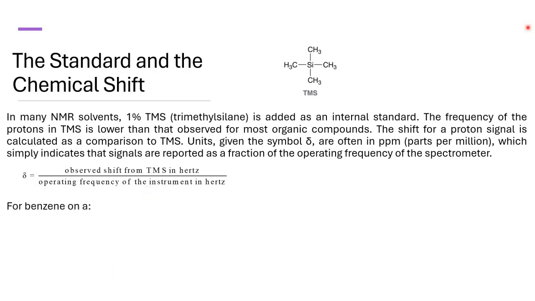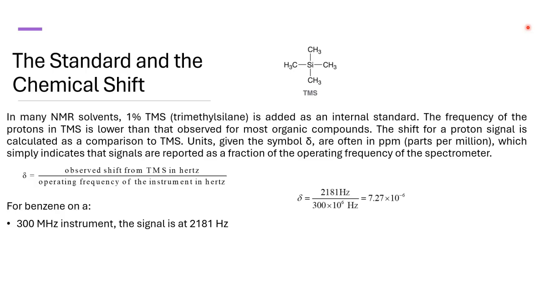For benzene, if we consider its shift on a 300 megahertz instrument, it is at 2181 hertz, and then if we consider the delta, that's 7.27 times 10 to the negative 6, or 7.27 parts per million. On a 60 megahertz instrument, the signal for the benzene protons is at 436 hertz.